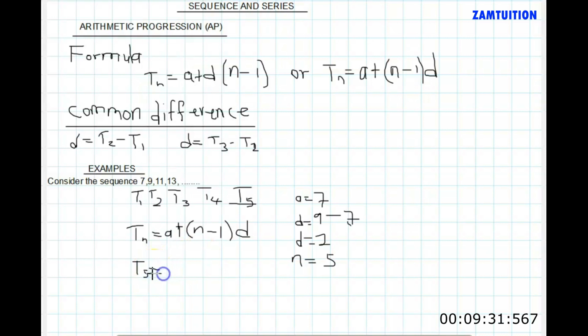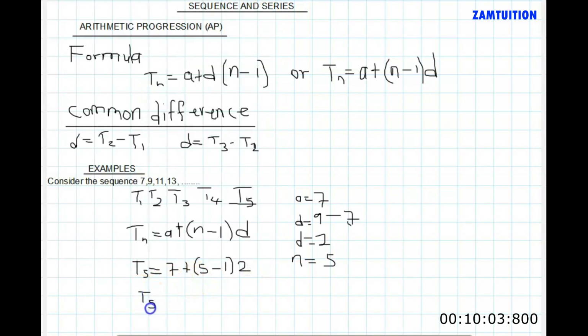So we say fifth term is equal to a, which is 7, plus open bracket n, the fifth term, minus 1, close bracket, and the common difference is 2. So proceed.